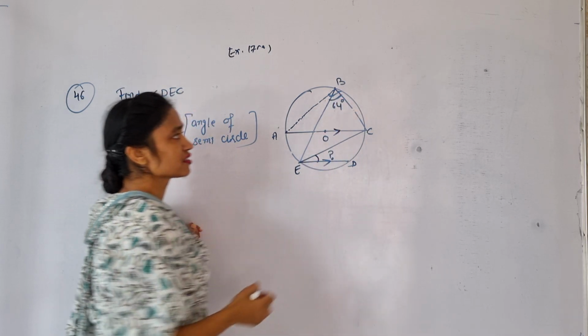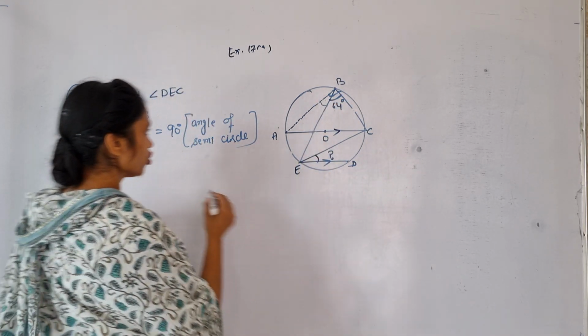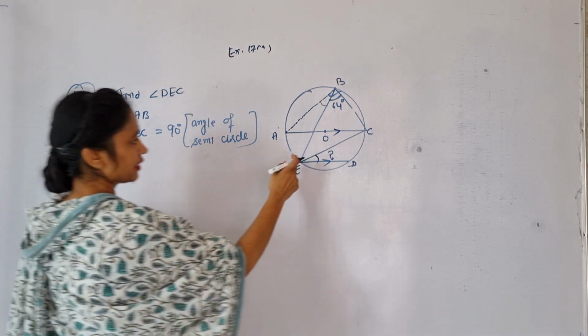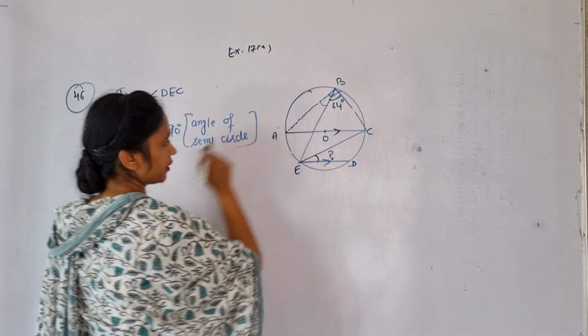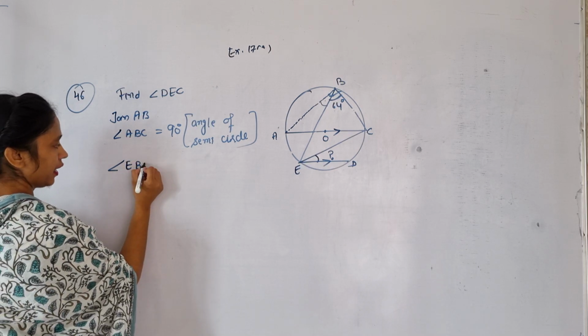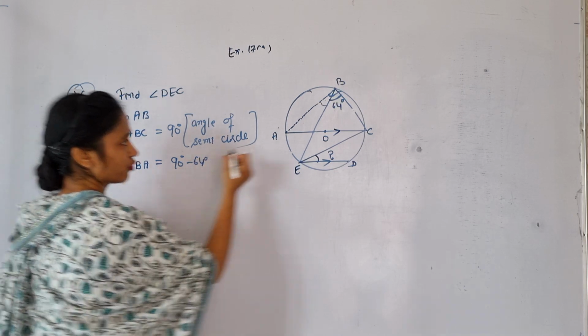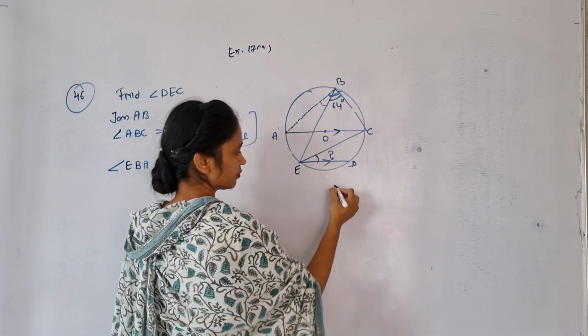So this full is 90 degree. One part is given, 64. What would be the remaining part? So angle EBA will be equal to 90 degree minus 64. This full is 90 degree.